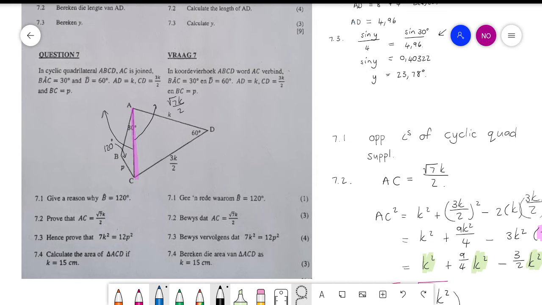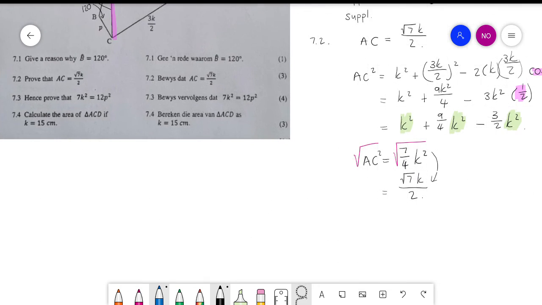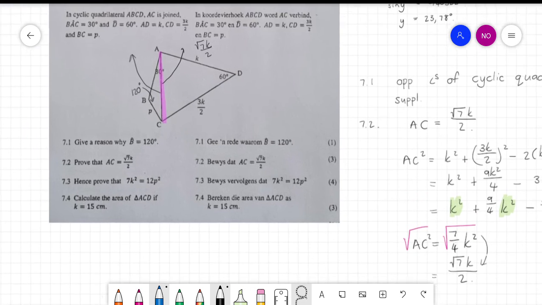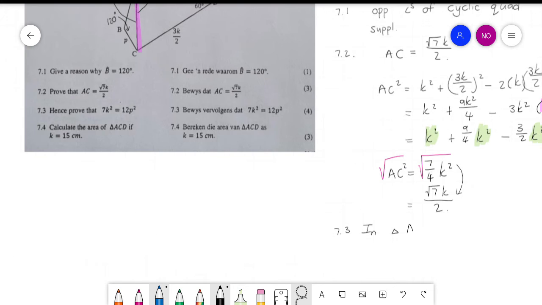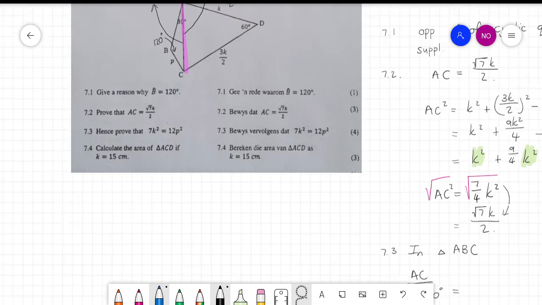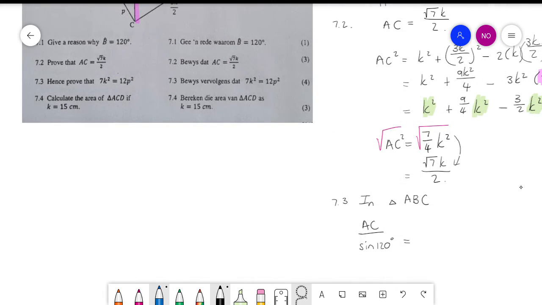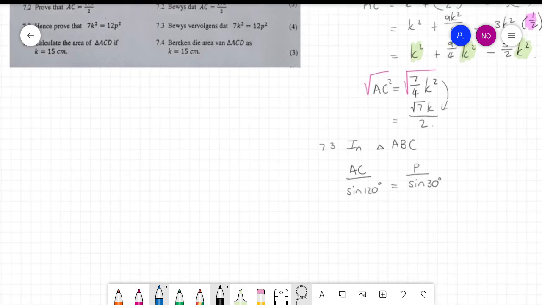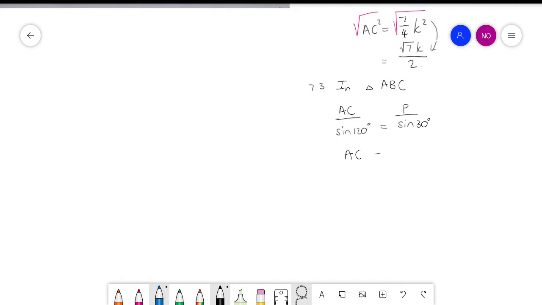Okay, so I can say in triangle ABC, I can say that the side AC over sine of 120 is equal to P over sin of 30. Now remember, sin of 30 and sin of 120, both of those are just numbers.